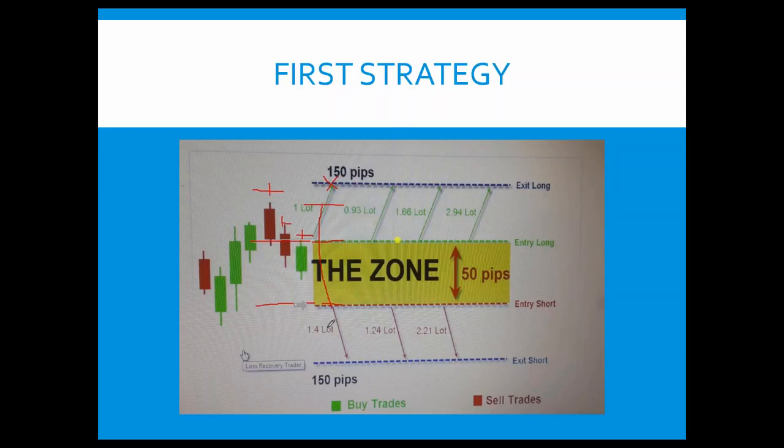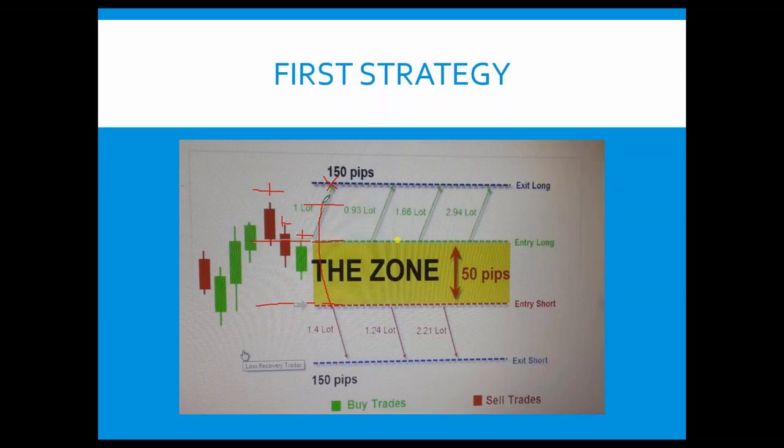If we had 1.4 at 150, we would have something like 1,600, I don't know the exact calculation, but we would be making more in profit than we are in loss.